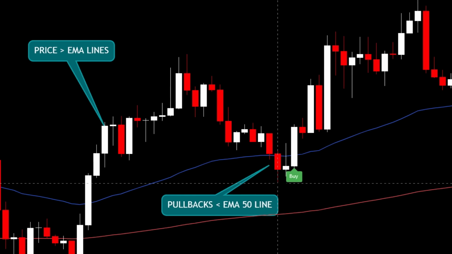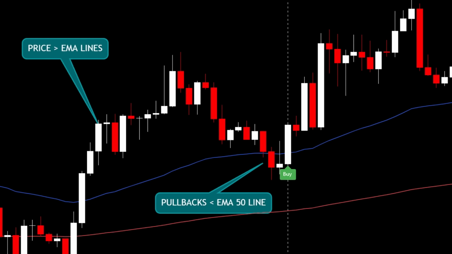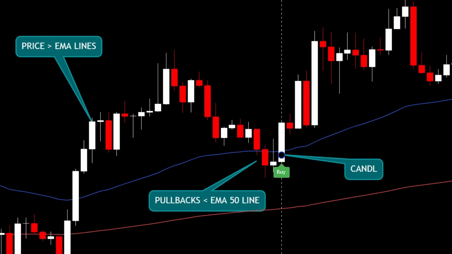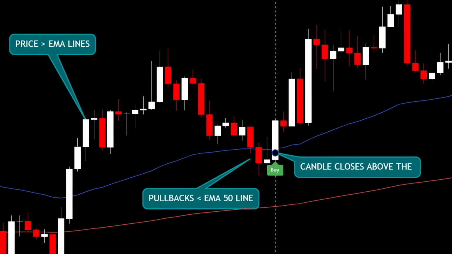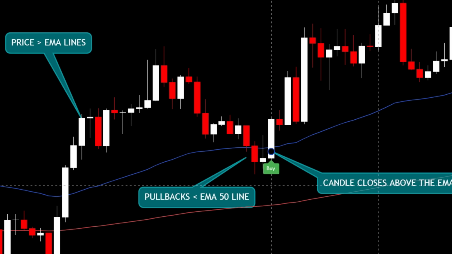The signal comes when a candle closes back above the 50 EMA. At that moment, the indicator calls it a bullish breakout and prints a buy signal. That's exactly how this scalping trading strategy keeps things simple and clear.